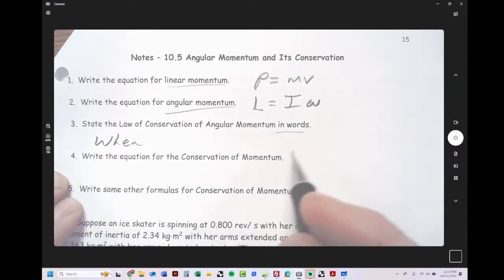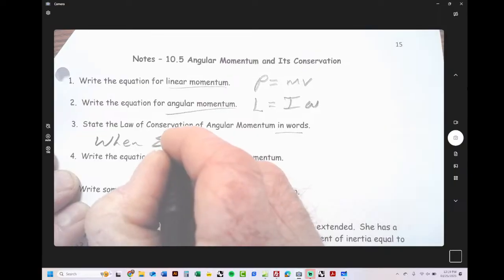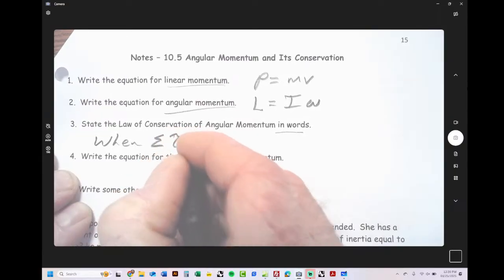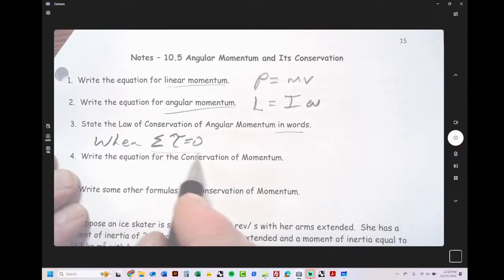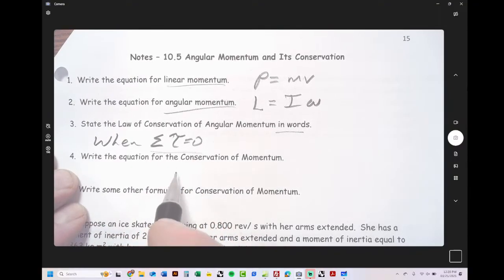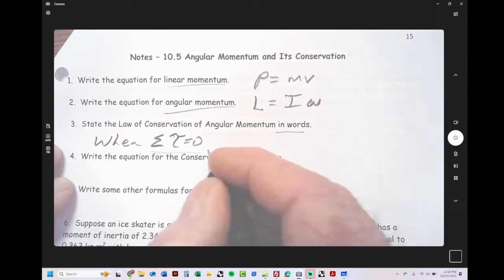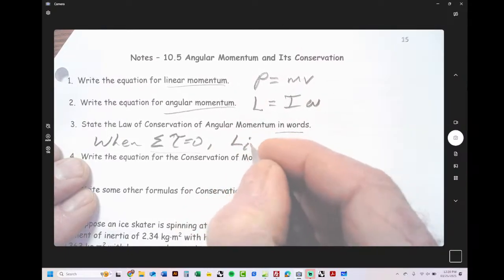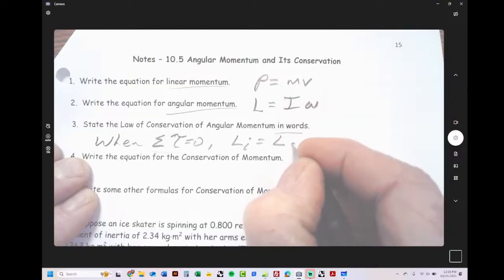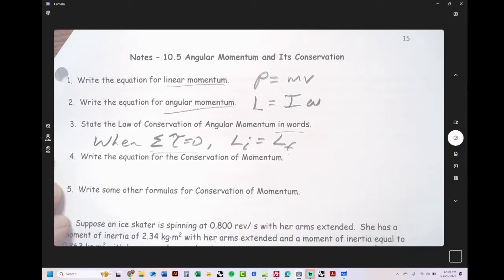It says do it in words, but I want to make a little visual riddle for you. So what does this mean? What would the words be that say the same thing as this? Net torque. Yeah, when net torque equals 0, then Li equals Lf. So initial angular momentum equals final angular momentum.